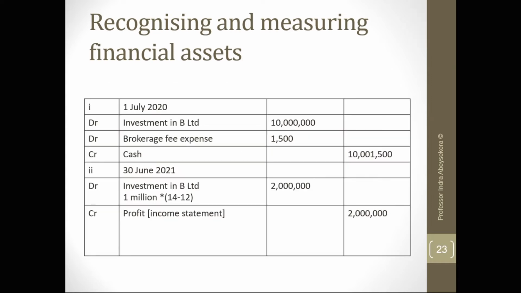First journal entry at the date of acquisition is to record the investment, but because it's a trading financial asset, the brokerage fee becomes an expense, and in the next period, the increase in fair value is recorded to increase the investment, and the gain is shown in the income statement.